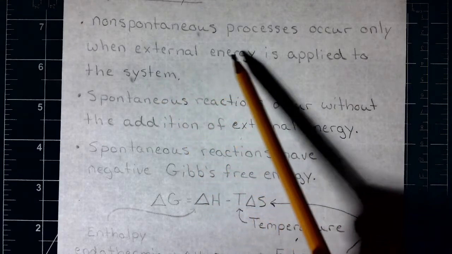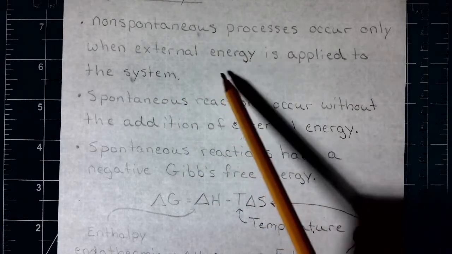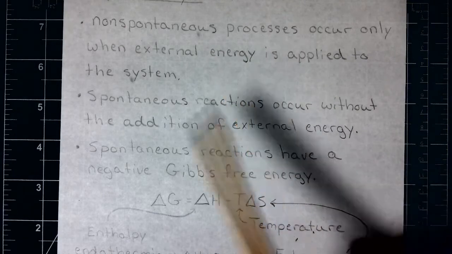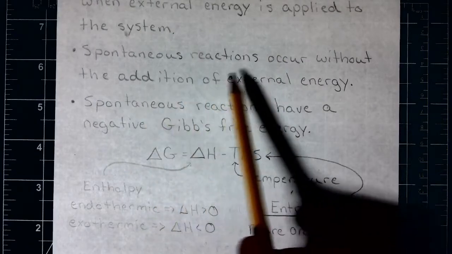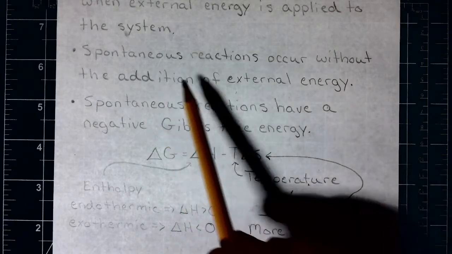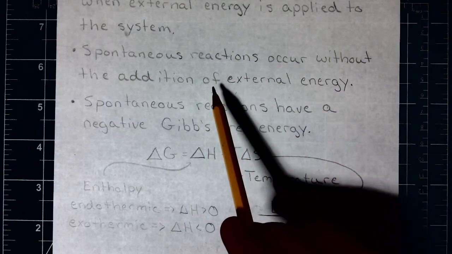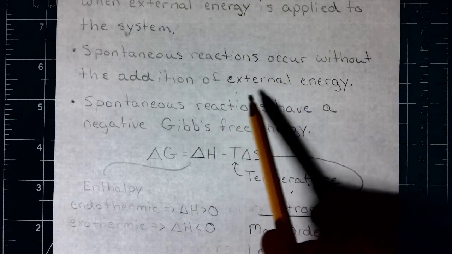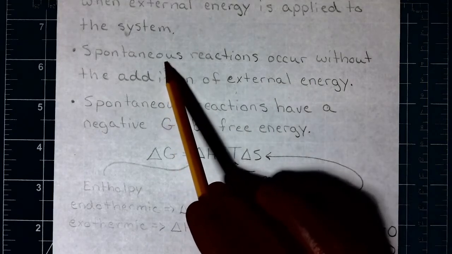So if you just put all the components together, nothing happens unless you add extra energy into that system. But spontaneous reactions occur without the addition of external energy. So that means that if I put a solute in a solvent and they just dissolve without me having to heat it or add any extra energy, that's a spontaneous reaction.